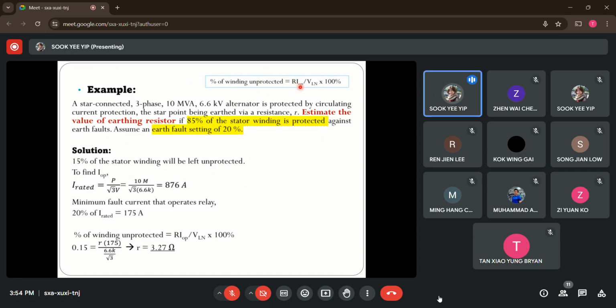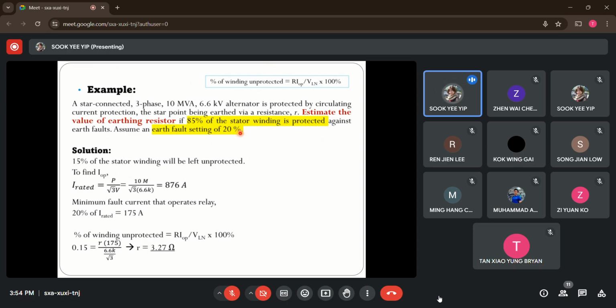So next, I will need to find what is the operating current for the relay. This is to be in primary current value. So to find the pickup current value at the primary side, we will need to find what is the rated current value of this generator. From there, we will get it by multiplying the rated current by 20%.